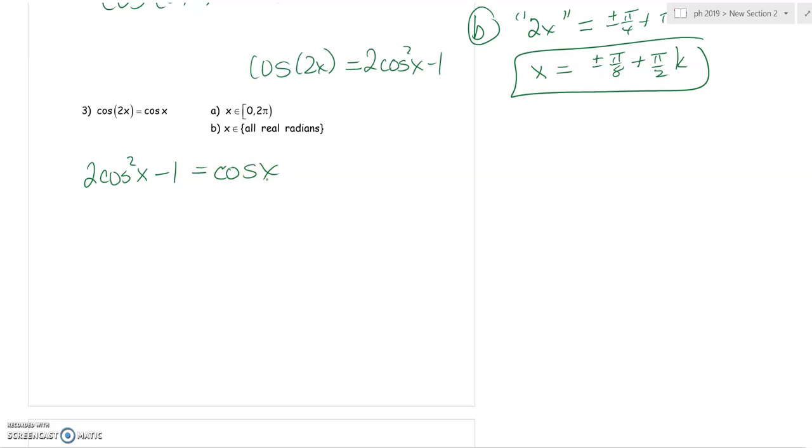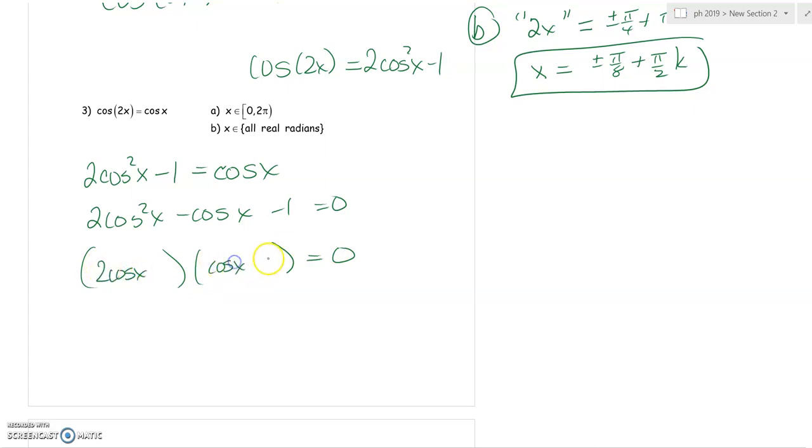You could factor by calling cos x u if you want, or you could just go ahead and factor, whatever's easier for you. So let's see if that worked out. That looks good. So you end up with 2 cosine x plus 1 equals 0, or cosine x minus 1 equals 0. So I have cosine x equals negative 1/2, or cosine x equals 1.